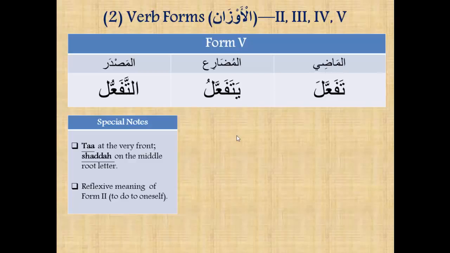An example would be the Form 2 verb ذكر يذكر التذكير, which means to remind someone. Form 5, تذكر يتذكر التذكر. You're doing the action to yourself, so to remind oneself. What does that mean? It means to remember. So Form 5, تذكر means to remember.